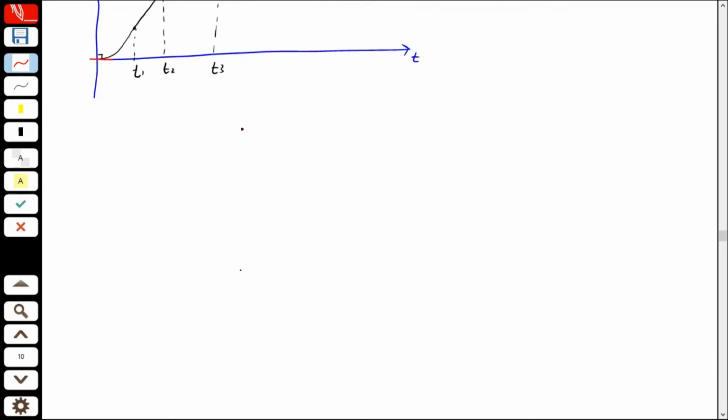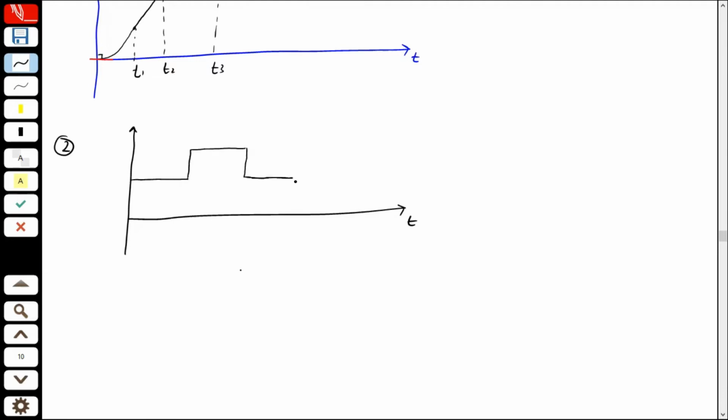Let me discuss a second example. Let's suppose we have this velocity time graph and we have to draw the displacement time graph.